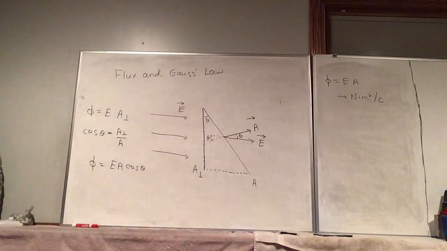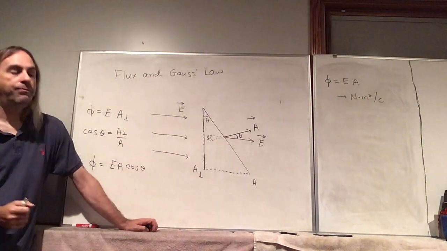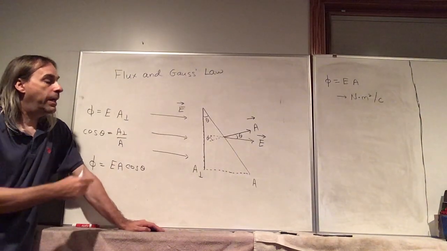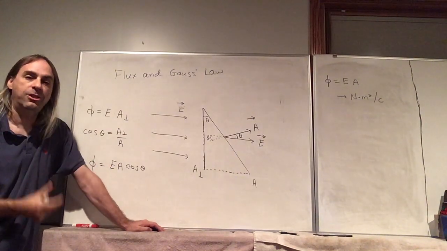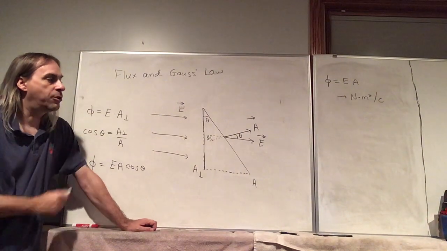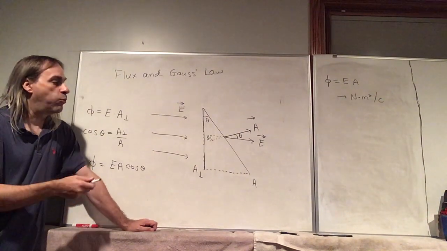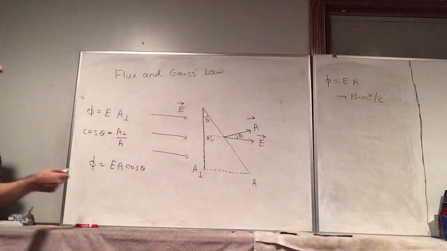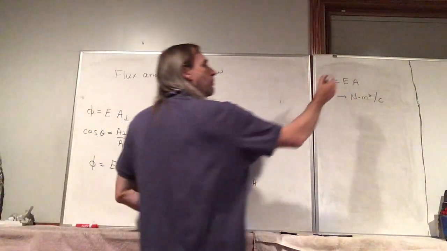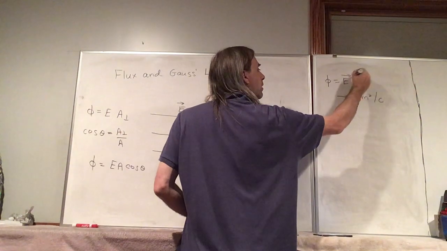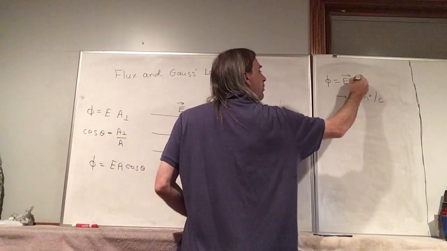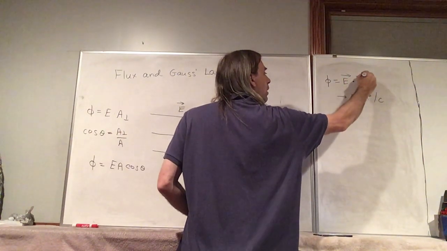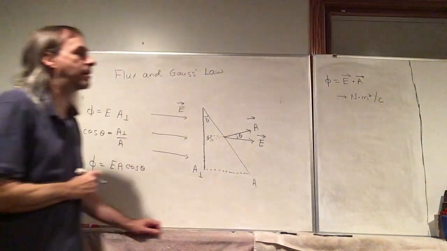Let's define a vector A. So vector A is perpendicular to the surface, and the magnitude of vector A is equal to the area of the surface. And so then we can write the flux as a dot product of the electric field and that area vector.